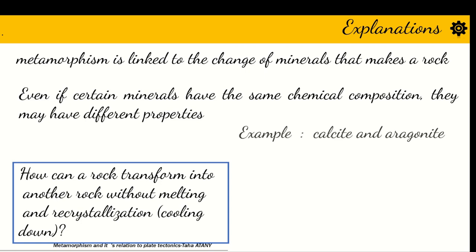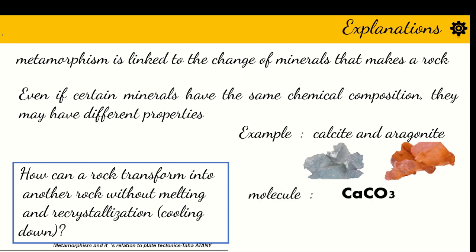Case in point, here, calcite and aragonite. Those are two different minerals. However, they are made of the same molecule, yet they have different properties. One is non-colored, the other is yellow brownish.